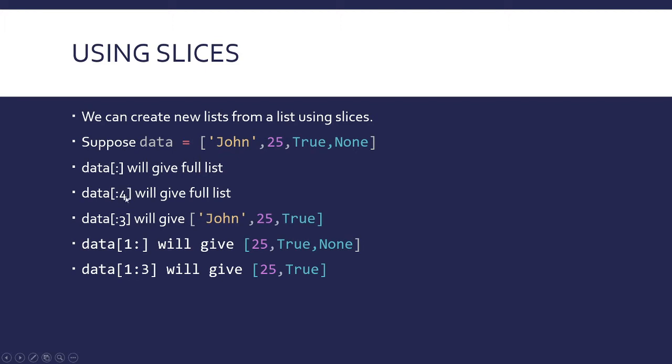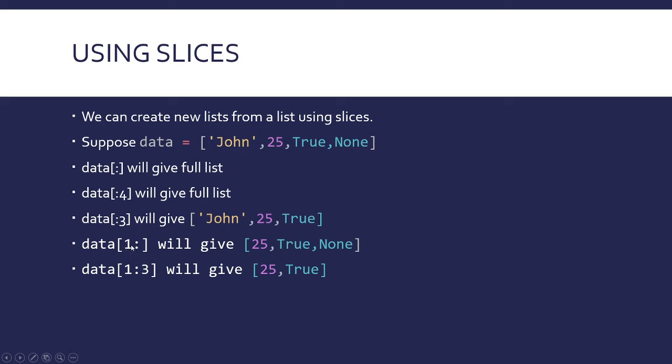So if we give 4, it will just print the list till index 3, that is the actual length of the list, 0 to 3. The first one is 0, the second is 1, the third is 2, the fourth is 3. Similarly, in the case of 3, it will print from 0 to 2, so 0, 1, 2, till True.